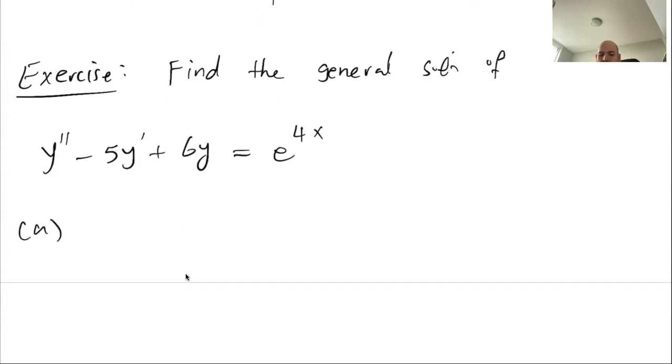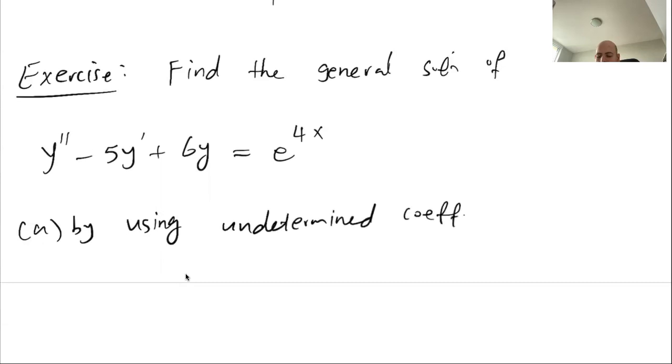So part A, by using undetermined coefficient method, and part B by using a variation of parameters method.